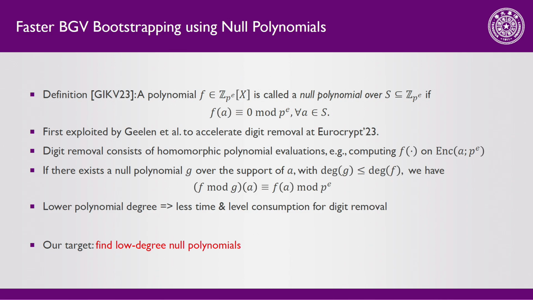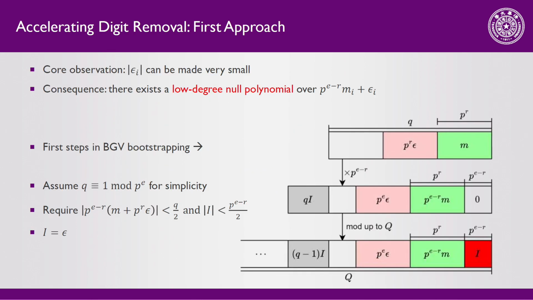And this polynomial is functionally equivalent to f, because at every point in the support of a, its evaluation is the same as f. However, since we have reduced modulo g, it may have a lower degree, which means we can spend less time and level to compute it. So our target now is to find low degree null polynomials.